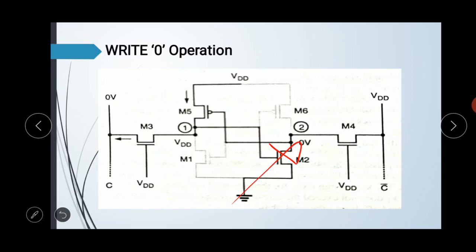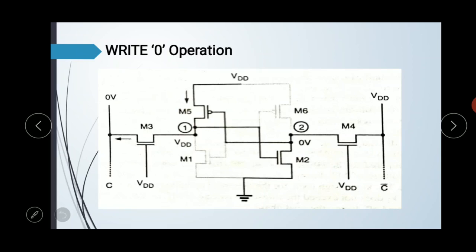Initially it is 1, and when the voltage starts to decrease, the voltage becomes 0. So our process is completed and the write operation is successfully completed.